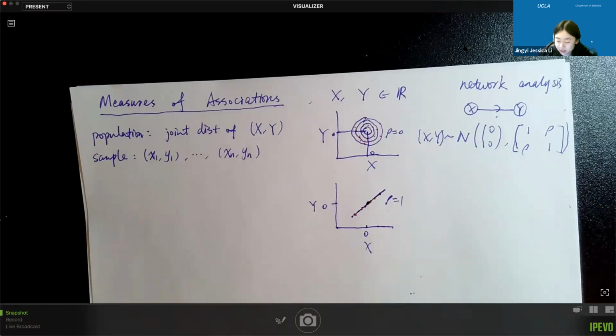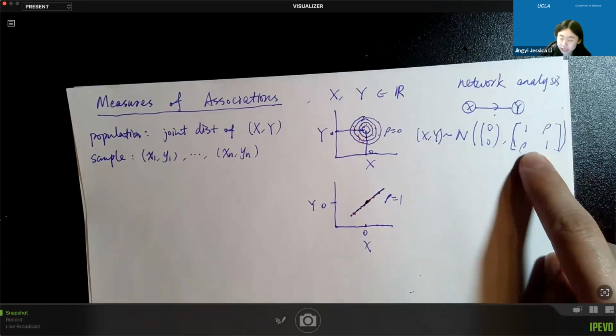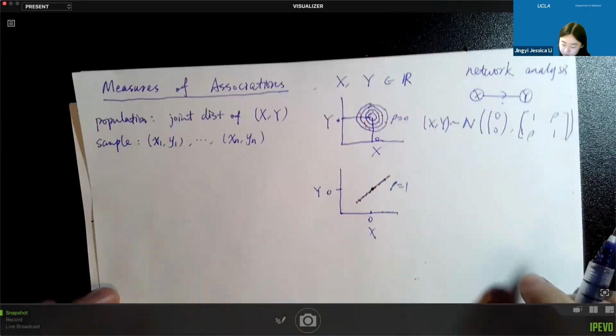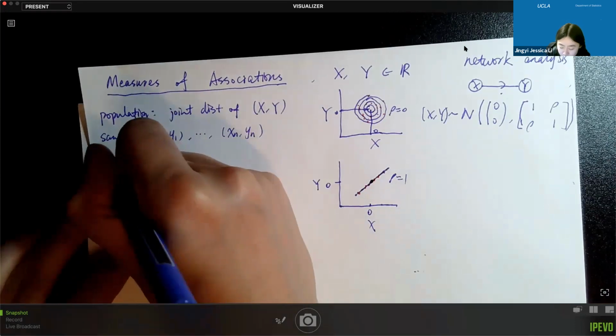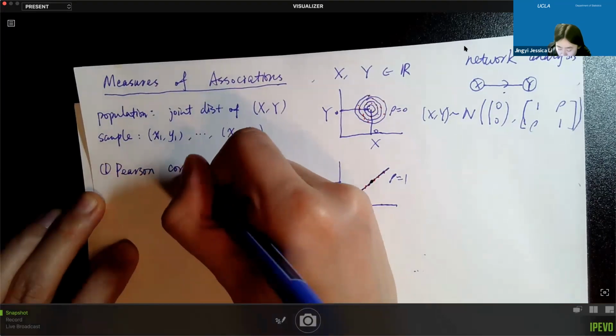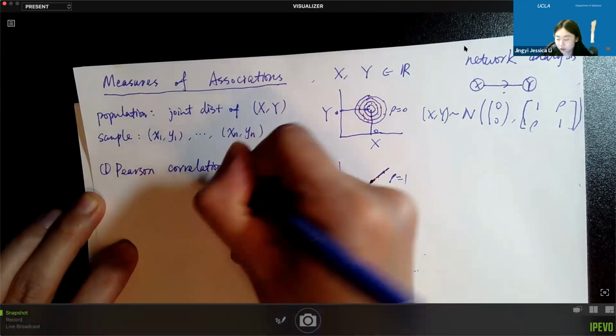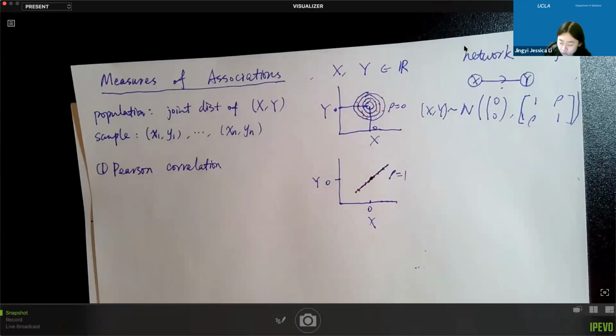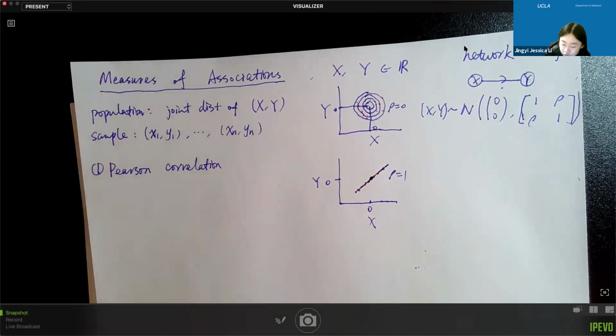So you see, clearly, when the distribution is normal, I already have my first measure. That is called the Pearson correlation. So the measure 1, Pearson correlation, is what's used the most in our practice. In Pearson correlation, it's defined based on the joint distribution of X and Y. So for this part of the lecture, for every measure, let's think about what's the population measure, what's the sample measure.